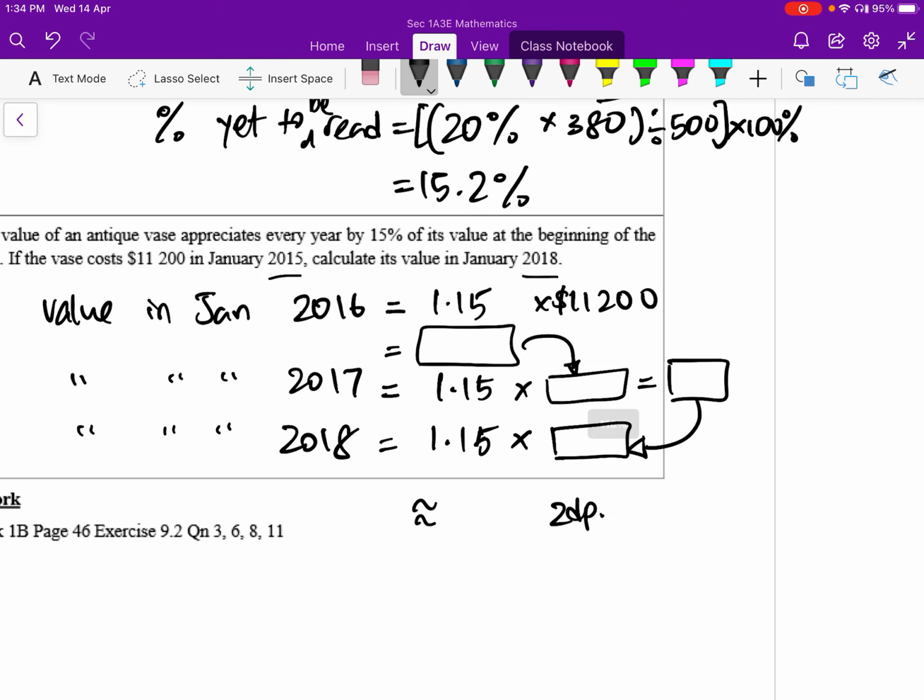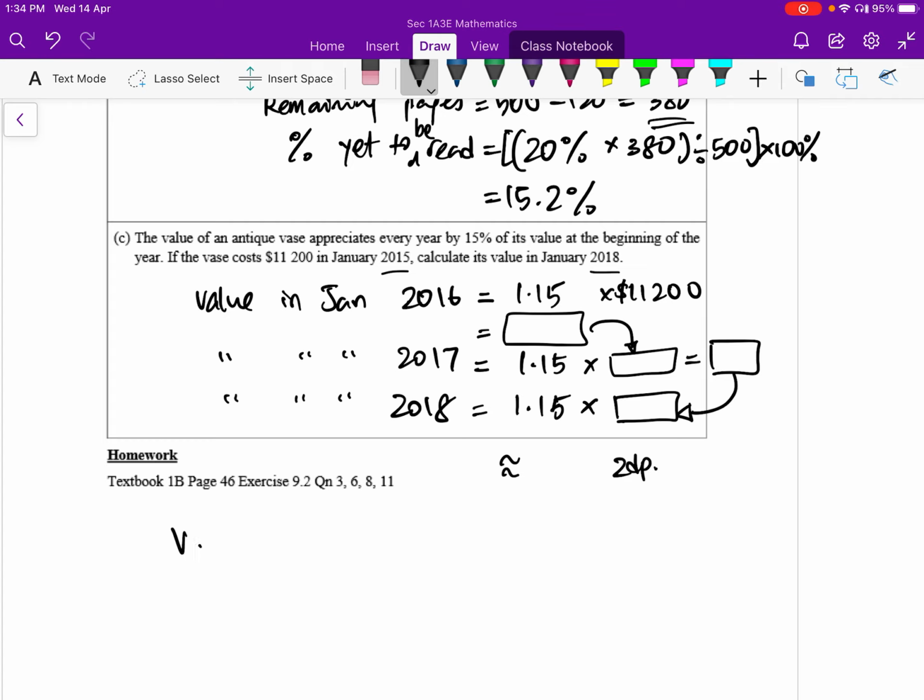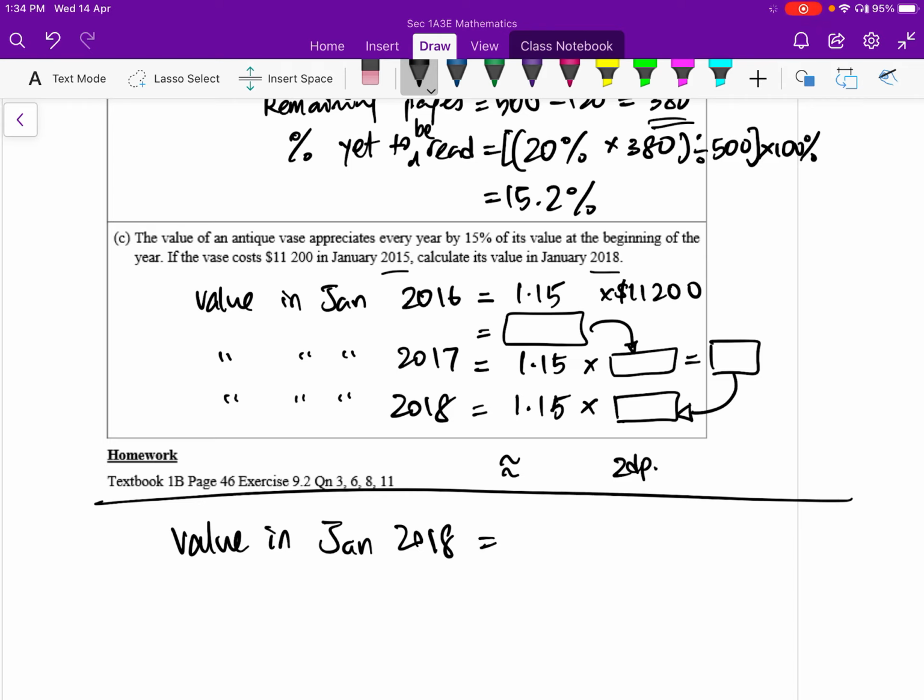I'm now going to show you the alternative. Value in Jan 2018. Okay, watch. This is the shortcut. The shortcut, if you understand what is happening here. We are taking 1.15. Okay, this 1.15 multiplied by this value over here.